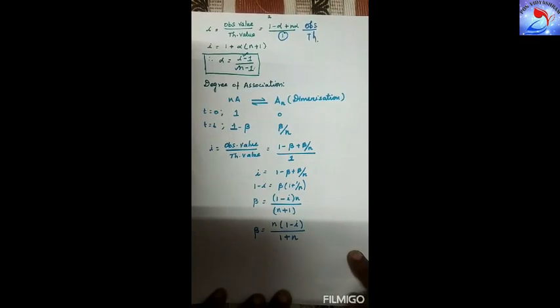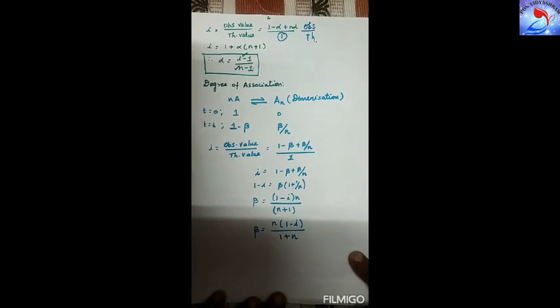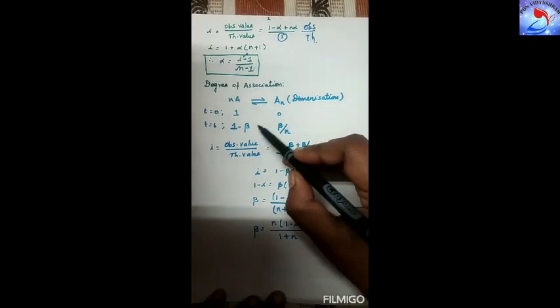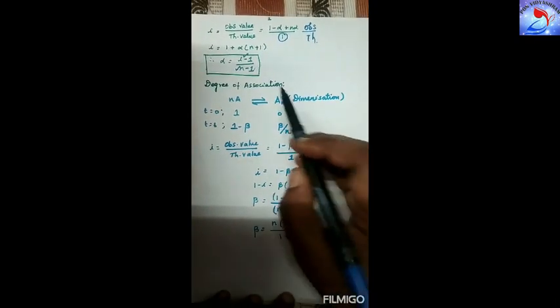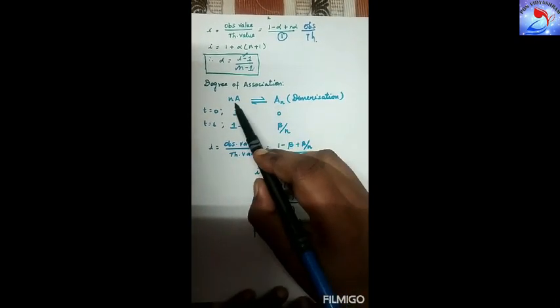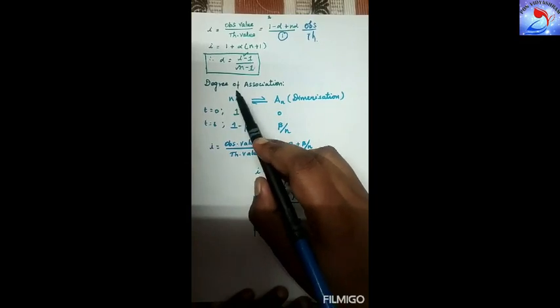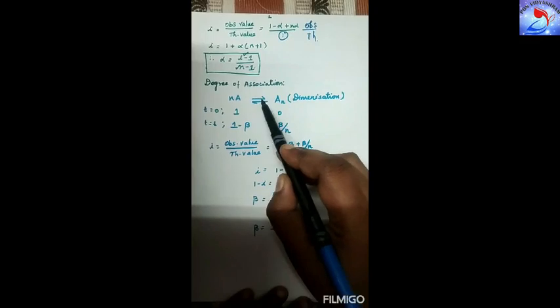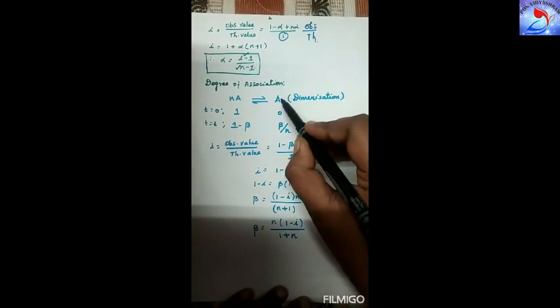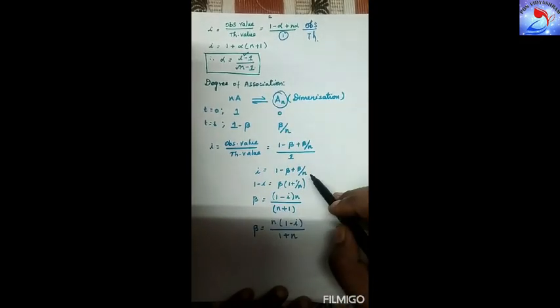Now, degree of association, which is actually dimerization. What is the relation between Van 't Hoff factor and degree of association? For better understanding, I have used the alphabet beta; it can also be alpha in this case. n number of A substance, a weak electrolyte, undergoes dimerization to give A_n.